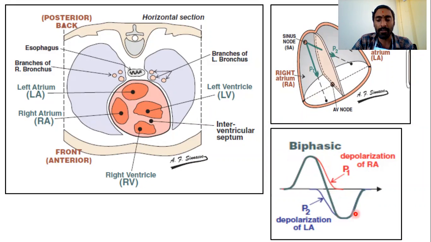So we get a negative deflection. First is going to be a positive deflection. And coming to the normal P wave in the limb leads, it has two parts. The first part is represented by the right atrium. The second part is represented by the left atrium. This will be important in understanding the atrial enlargements.